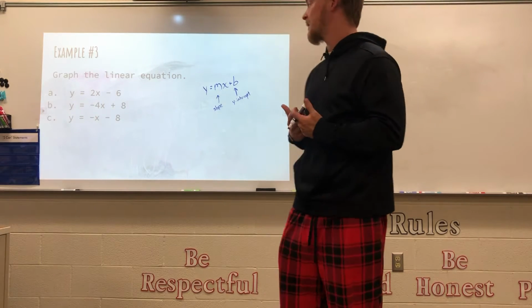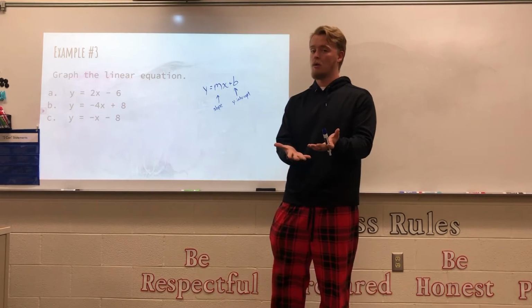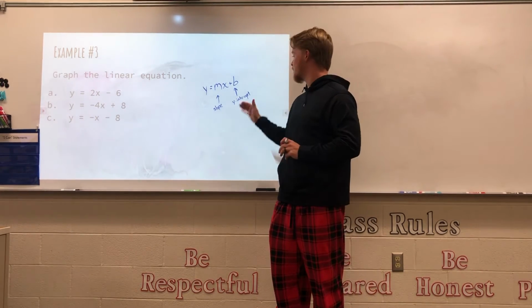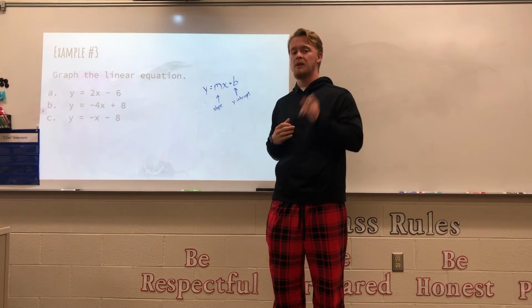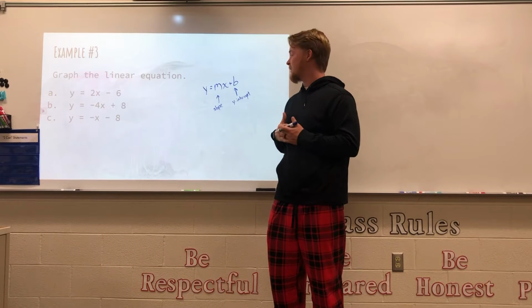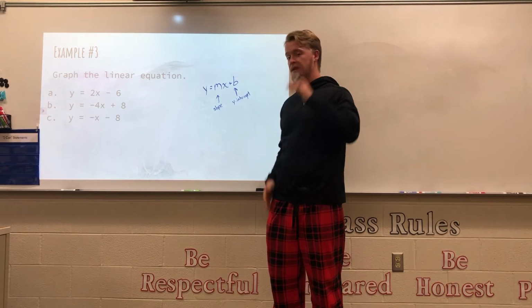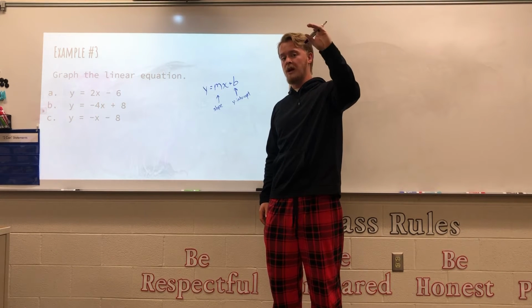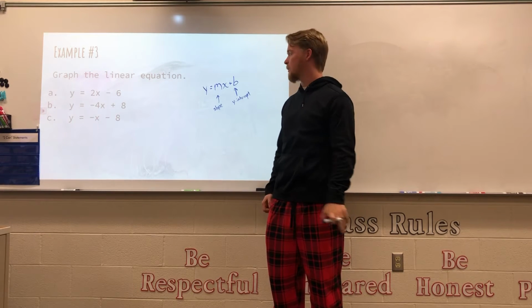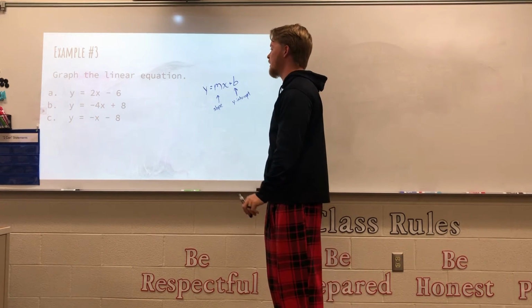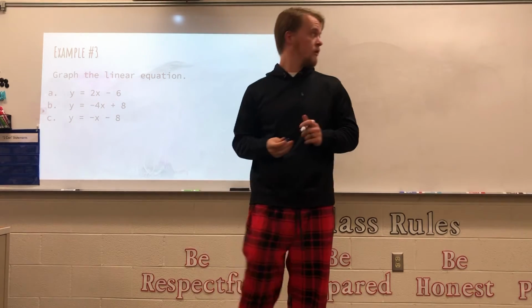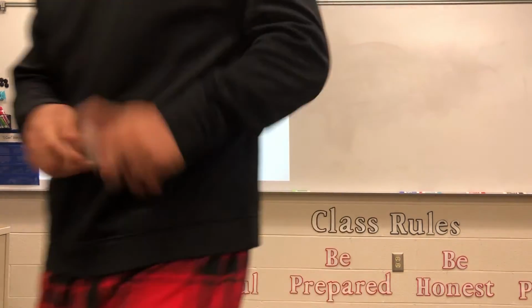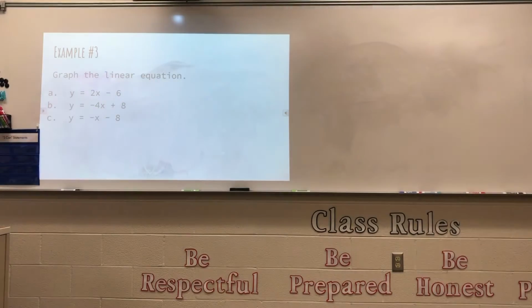The first point comes from what? Your y-intercept. So your y-intercept is what you use to make your first point on the graph. And then after that, we use our slope using the key phrase, rise over run. Okay, and we'll look at how we do that. So make sure you've got those written down. We're going to move over to the coordinate plane to graph these equations.